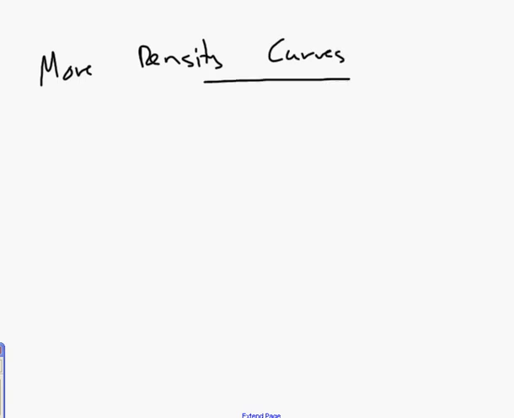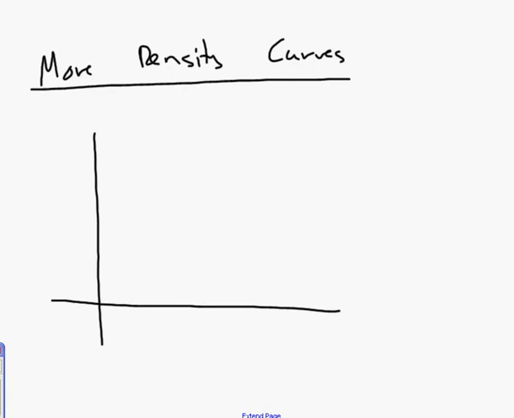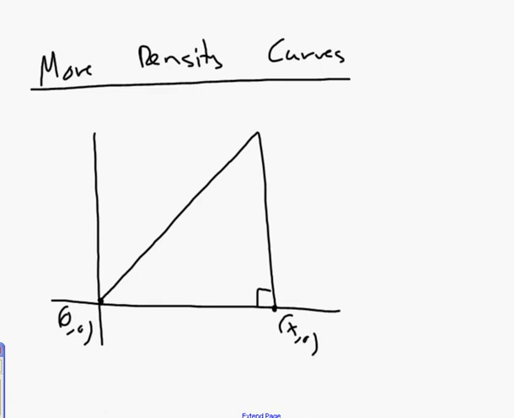So what I'd like you to do is more density curves. I want you to consider a density curve that looks like this. It's a right triangle. It goes through the point 0, 0, and it goes through some point out here. I don't know what it's called. I'm going to call it x comma 0.